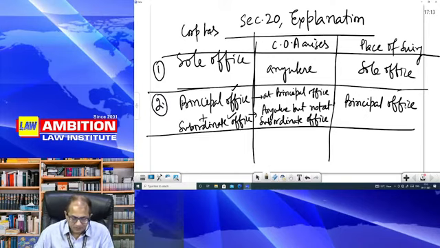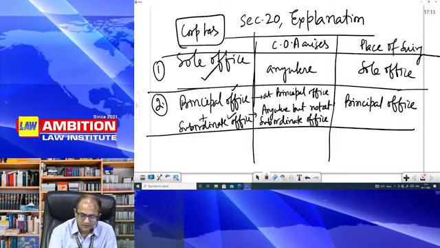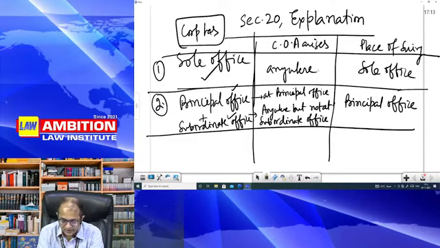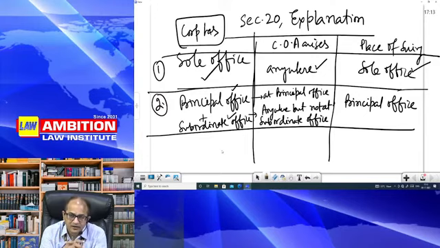So if a corporation has a sole office, this is the first point, and cause of action arises anywhere, the place of suing will be at the sole office. Now, second situation, there is a principal office and many subordinate offices. Like Delhi has the principal office and there are many subordinate offices at Ahmedabad, Bangalore, Calcutta, but cause of action arises at Chennai, which doesn't have any subordinate office.